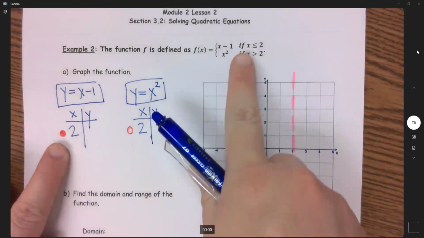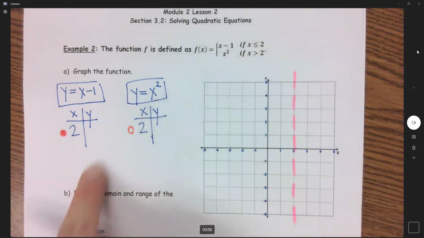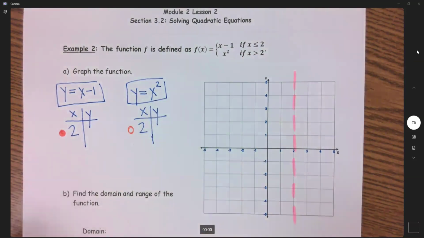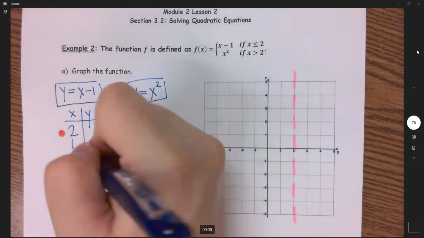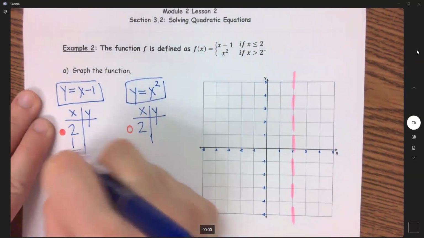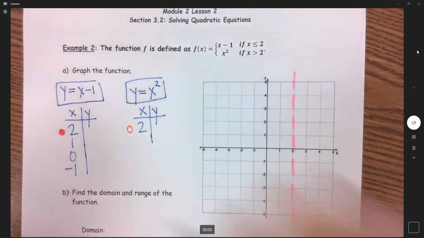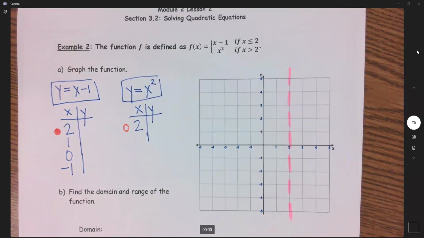We also need at least one other point in this table other than what's happening at this breaking line. So if this one here is when x is less than or equal to 2, what is a number over here that is less than 2? The next logical one would be 1. Now, if you want to plug in more values, we could do 0 and -1. You could do -2, but I'm out of room.